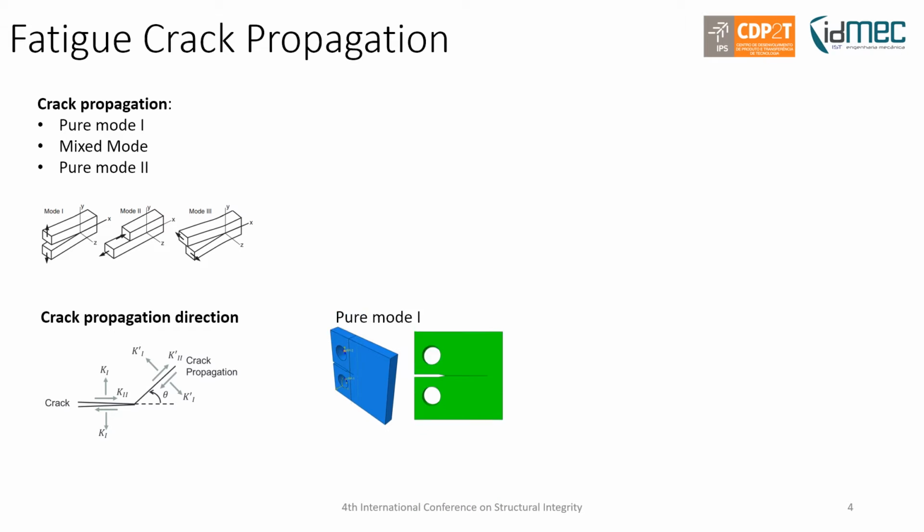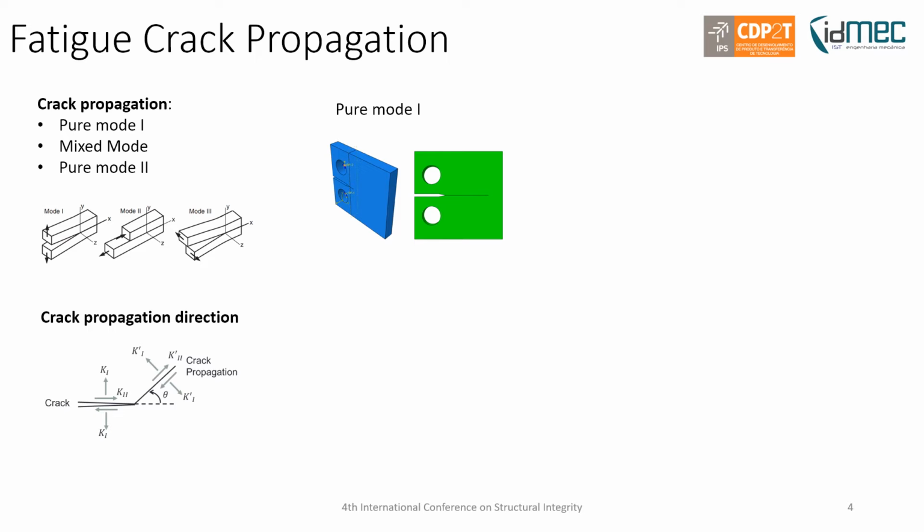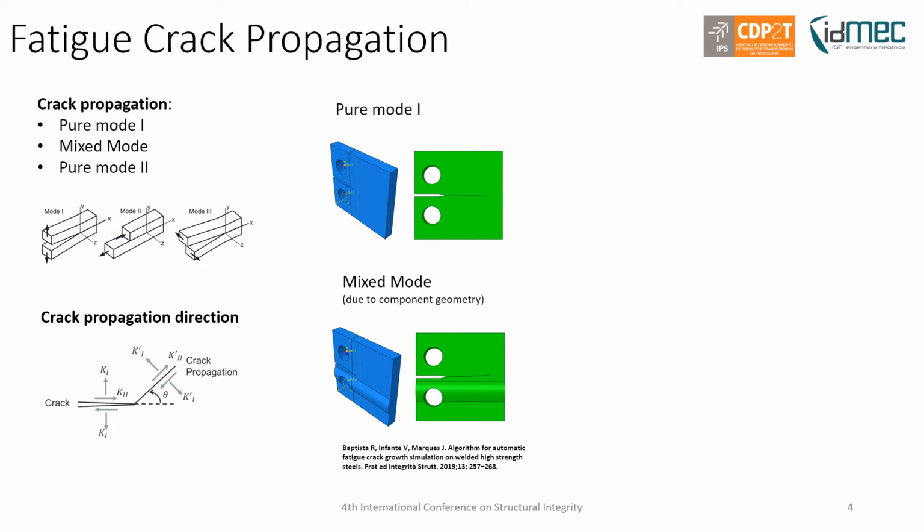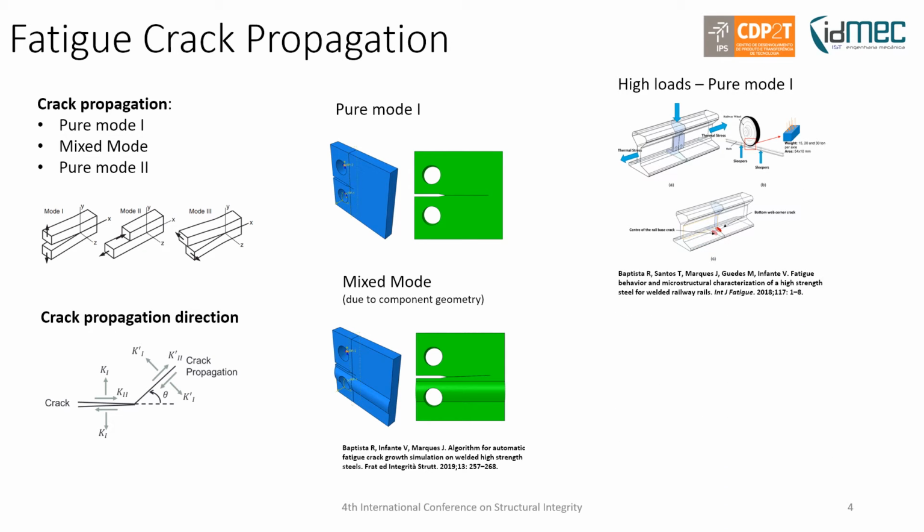This can happen due to specimen or component geometry, so we can have mixed mode conditions due to component design, like when we add a welding detail to the specimen, or we can have different crack opening modes due to the loading types.